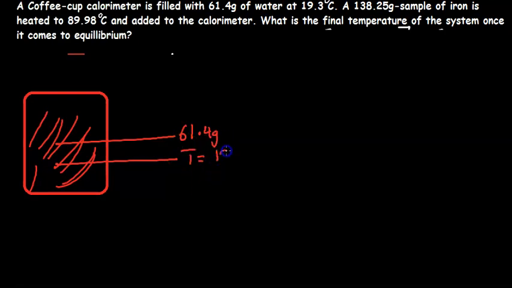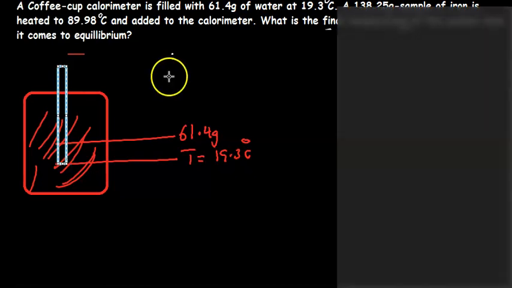They said a 138.25 gram sample of iron. This simply means that they put iron inside. Just like the coffee cup calorimeter, it has its own mass and temperature. This iron which is currently inside also has its own mass and temperature.